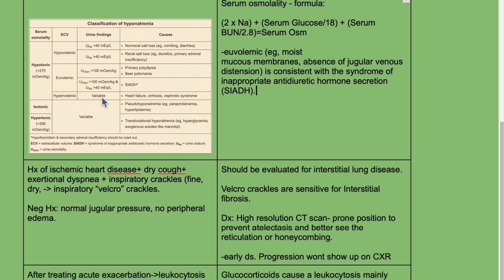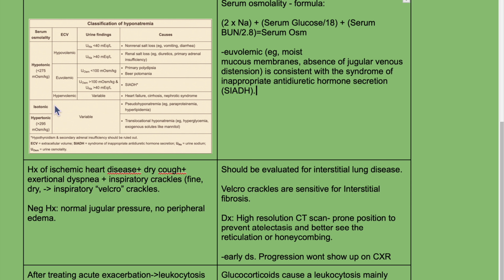Hypervolemic. You have a lot of water, and that's what's causing the low osmolality. Then urine findings are going to be variable. It could be due to heart failure, cirrhosis, or nephrotic syndrome. If serum osmolality is isotonic or hypertonic, which is more than 295 milliosmoles per kg, your findings are going to be variable.